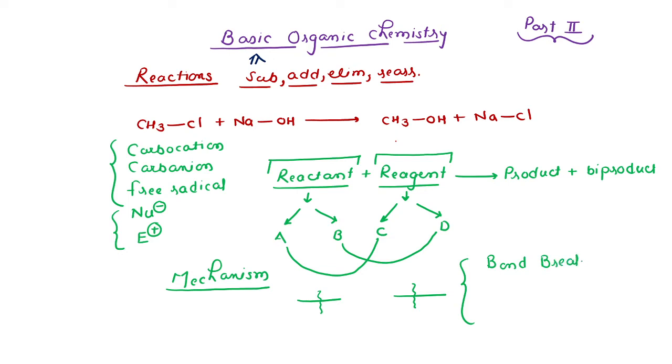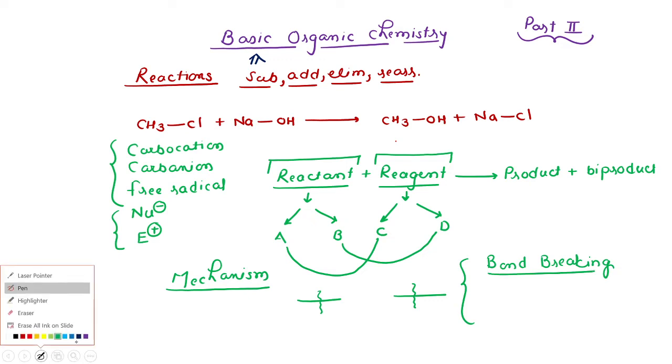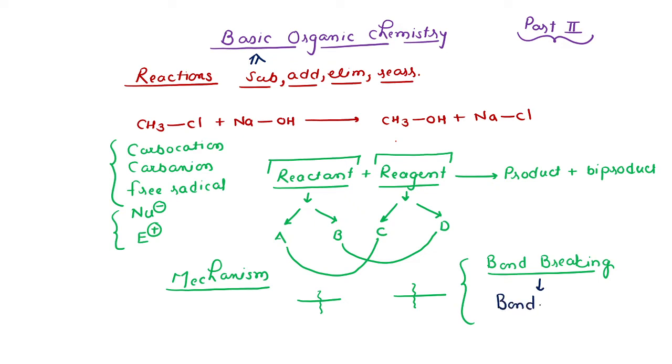In a reaction, if the reaction has to happen, a bond has to break, and this bond breaking process is known by a very interesting word. It is known as bond fission.